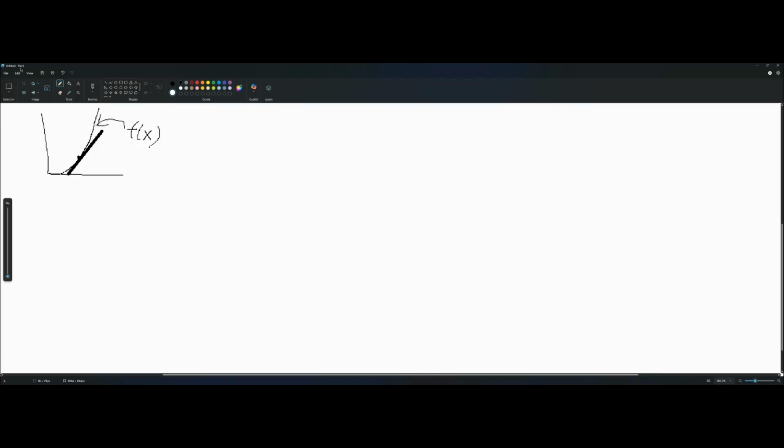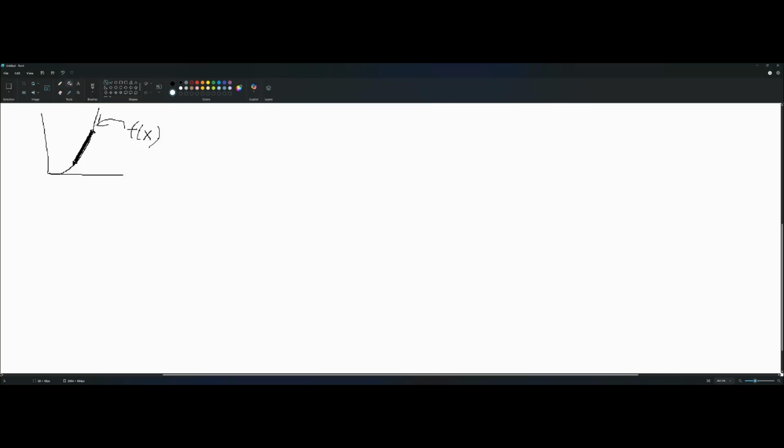So, how do we derive this? So let's say we have 2 points, okay? And we want to find the secant of this, okay?